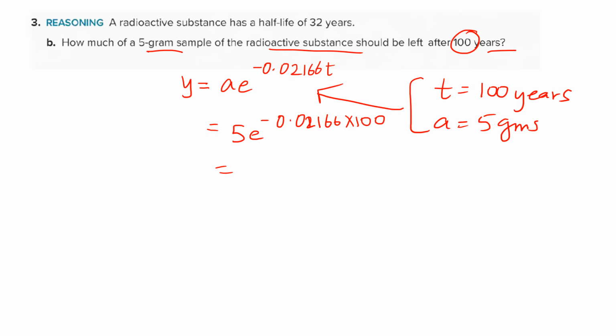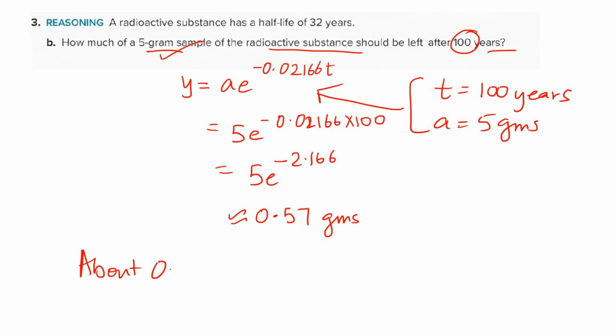So put all the numbers, simplify, use your calculator, and this value will come out to be approximately 0.57 grams. So how much is left? We started with 5 grams, but after 100 years only about, why I say about, because it's approximate, I don't know the exact value, about 0.5 grams of the radioactive substance should be left after 100 years.